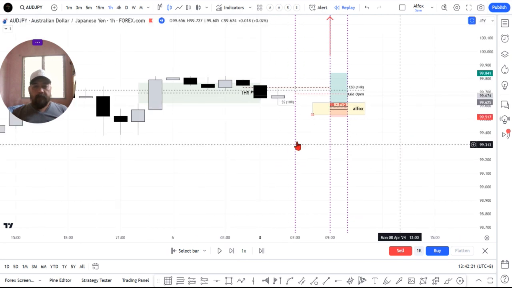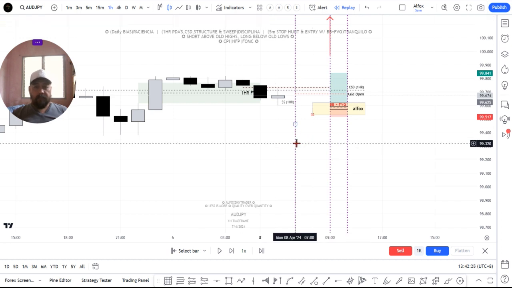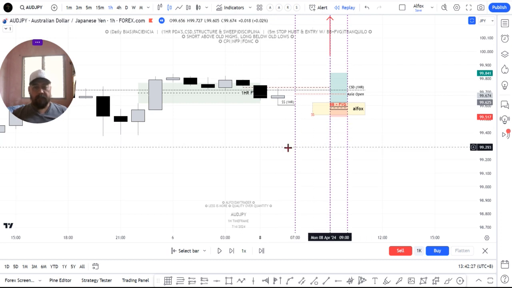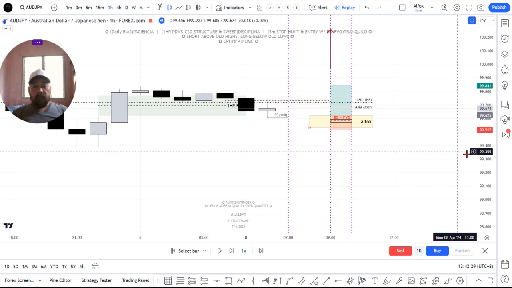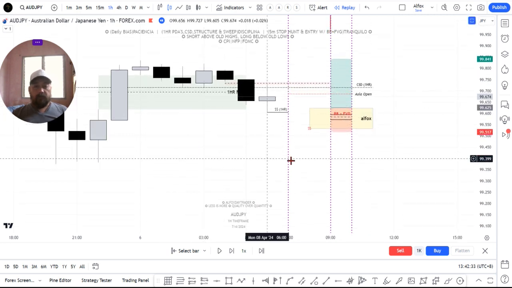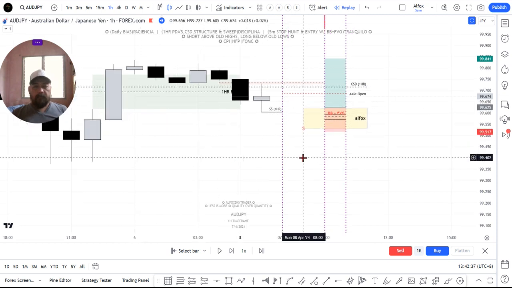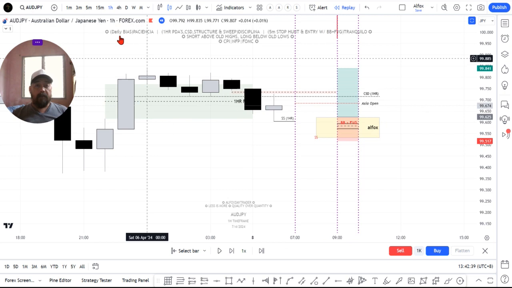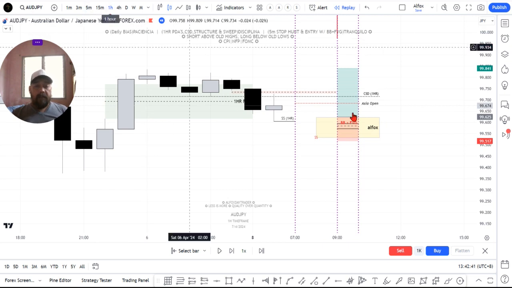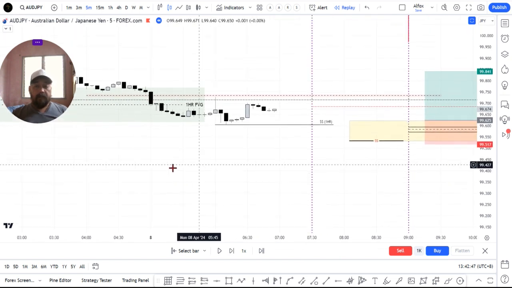When price is almost in our trading zone, which is this area from this to this, I started to mark my chart. We have these marks here as our guide. Now that I have these markings, I went down to the 5-minute time frame for my entry.